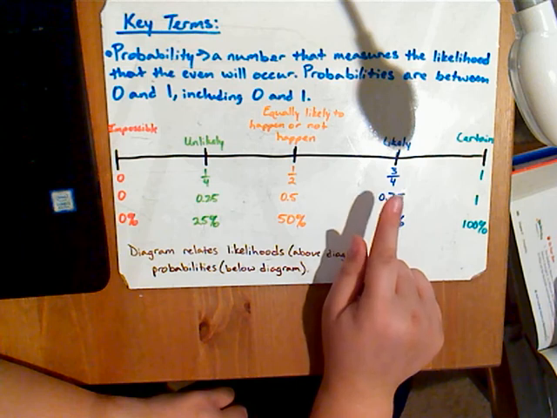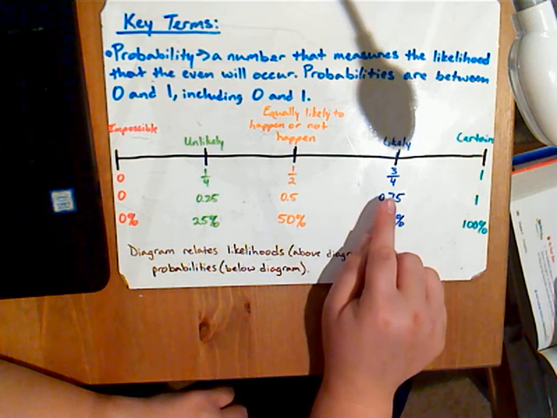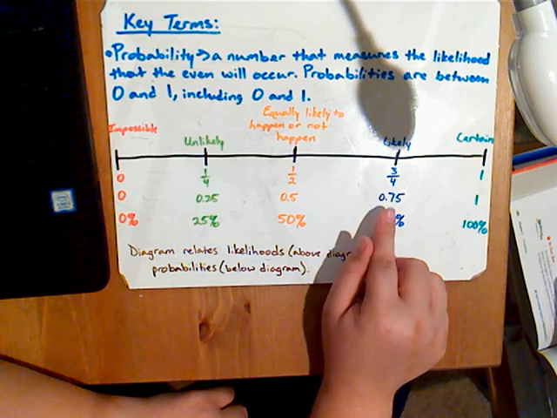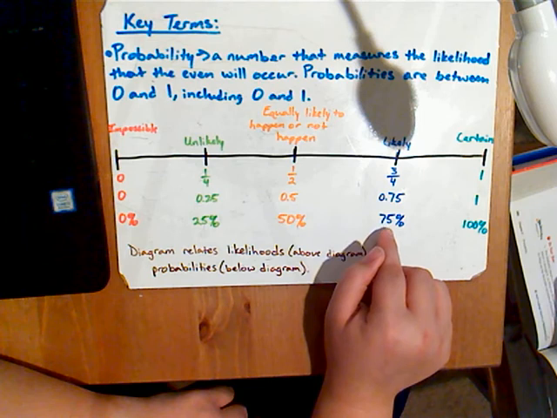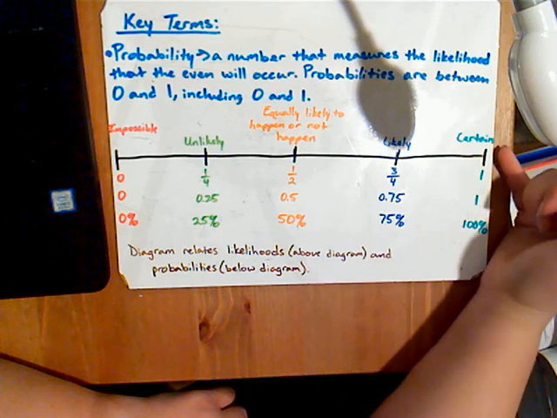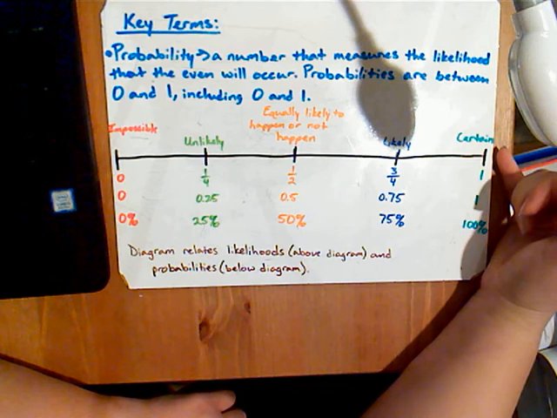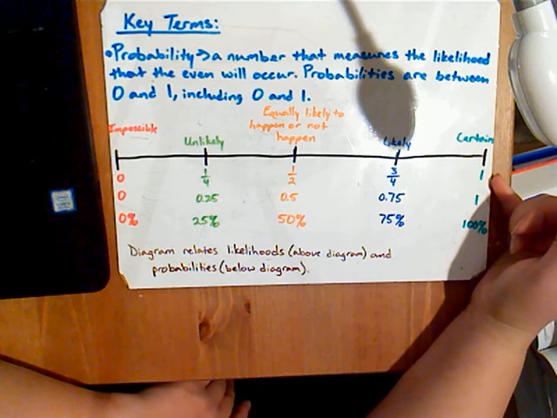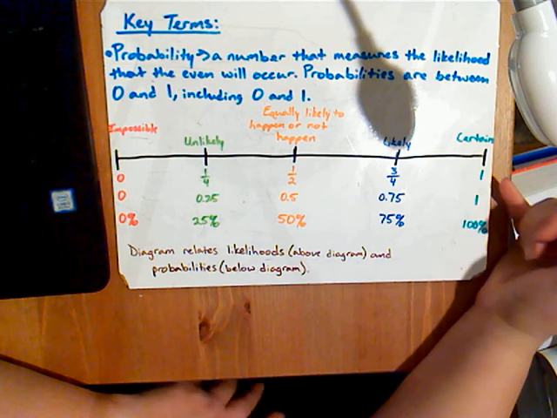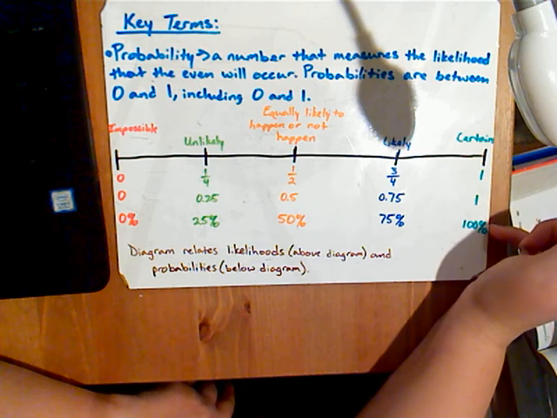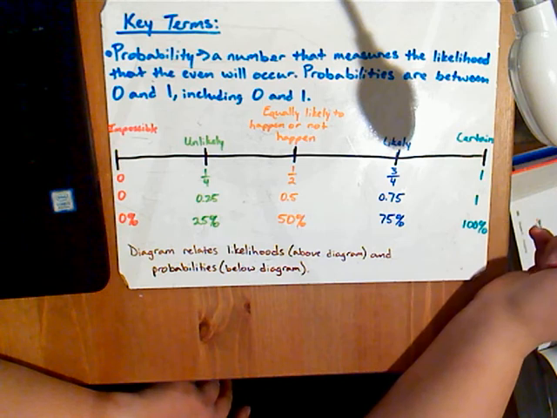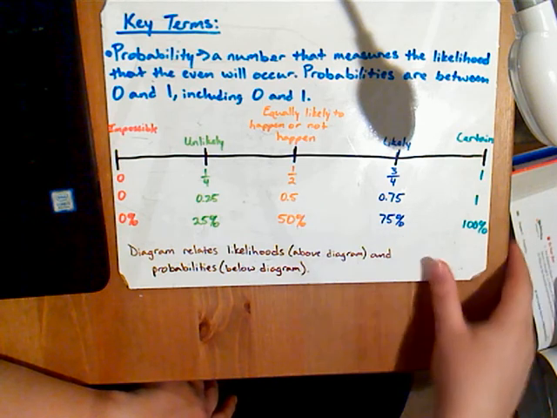Under likely, you've got 3/4 as your fraction, your decimal is 0.75, and your percentage is 75%. And with a certain likelihood, your fraction is going to be 1, your decimal is going to be 1, and it's 100%. All right, so this is probability.